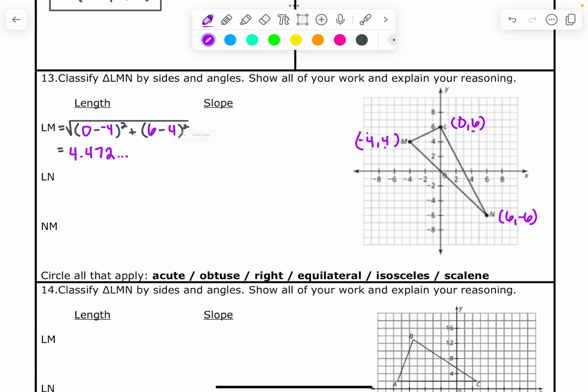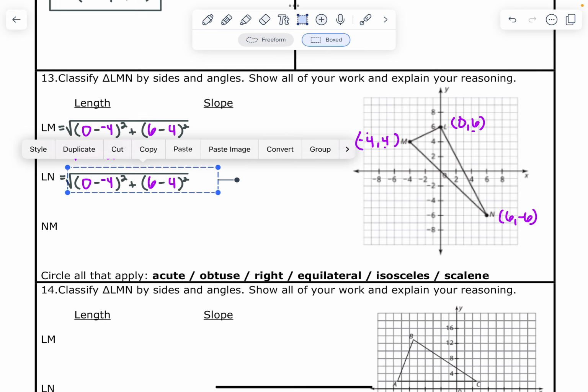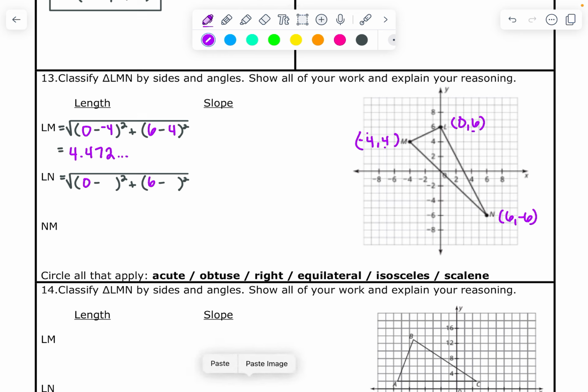Let's try LN. We're going to plug in L, which is 0, 6, and then N, which is 6, -6.